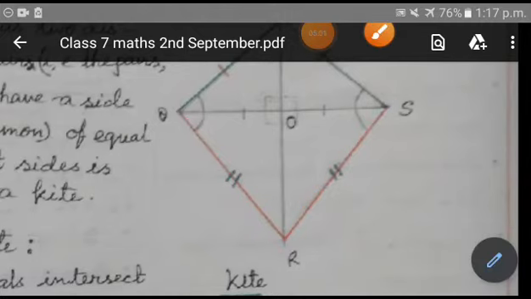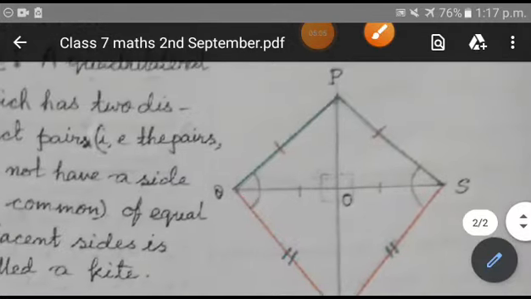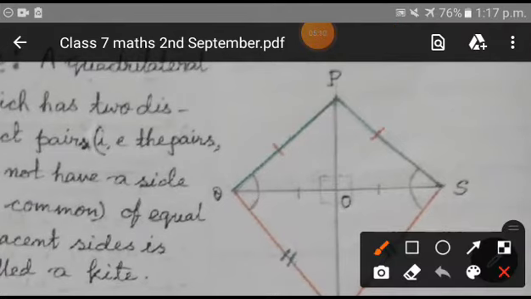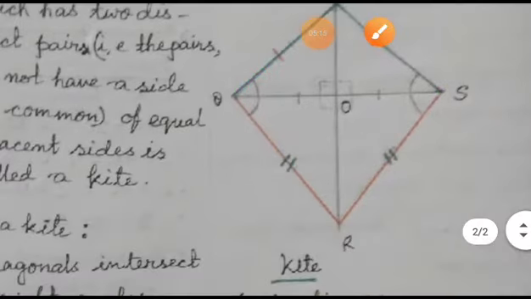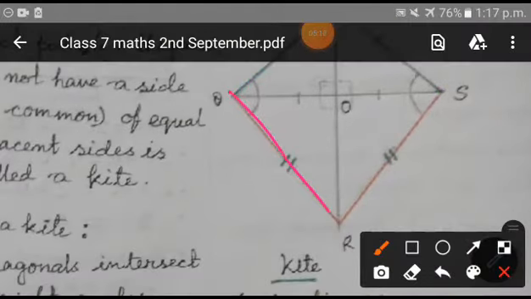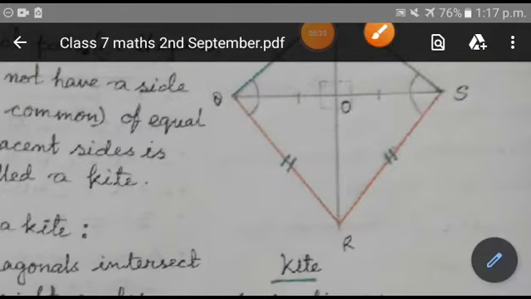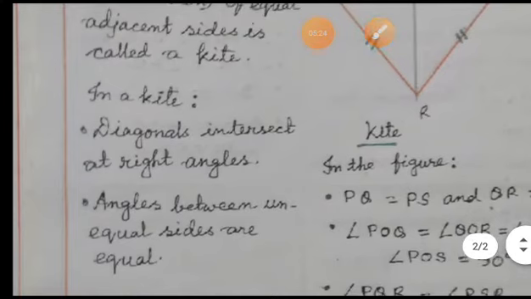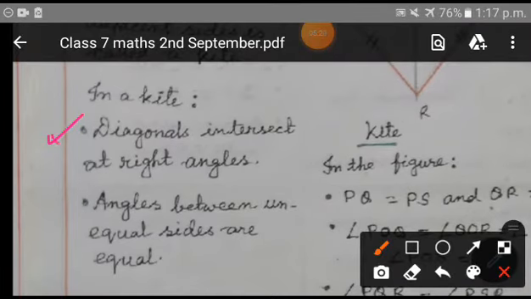Okay. So here you have pairs of sides adjacent to each other. Here you have PQ and PS equal to each other, and QR and SR equal to each other. So next, the properties: the diagonals intersect at right angles.